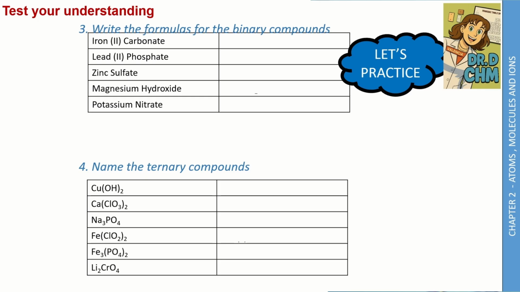Let's keep going. So here I have polyatomic ions. So again, just press stop in your video and try by yourself. Okay, so we have iron. So just form using the polyatomic ions. So it's easy here.